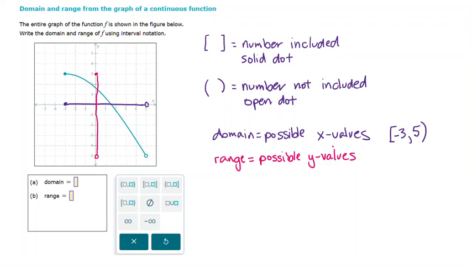So I'm going to start with -5 and an open bracket, and then I'm going up to 3 with a solid dot, which means I have the square bracket. So this is going to be my range. So I'm going to choose the brackets that I want to use first, and then I would type in the 2 numbers. Now let's do another example.